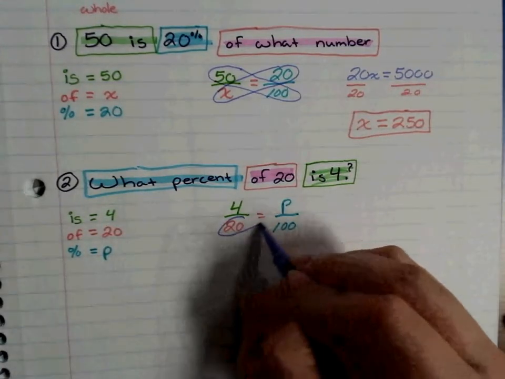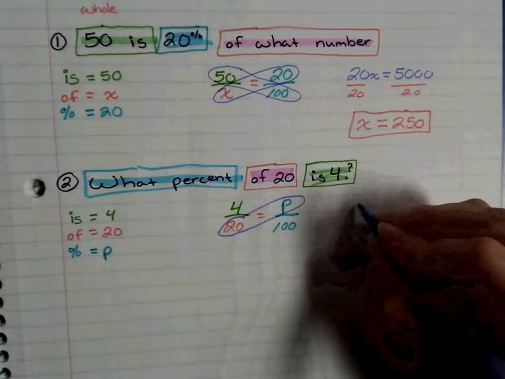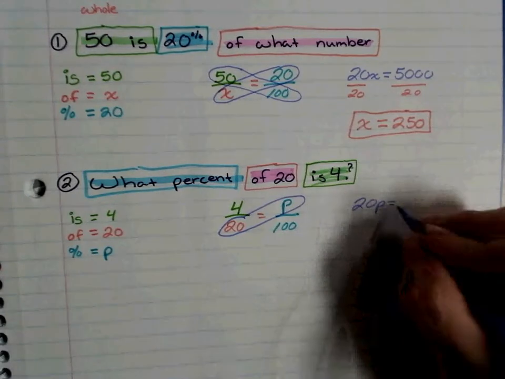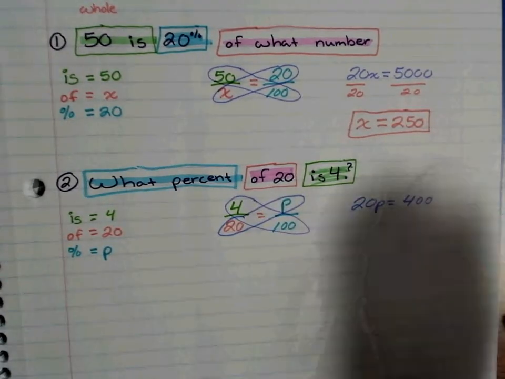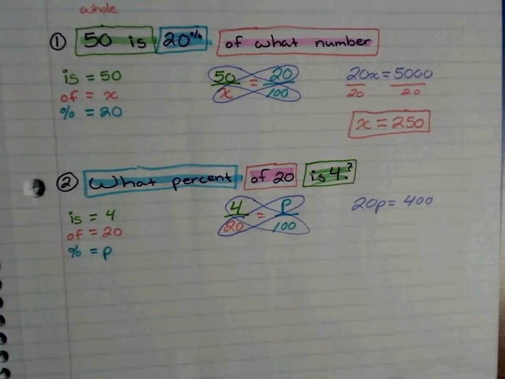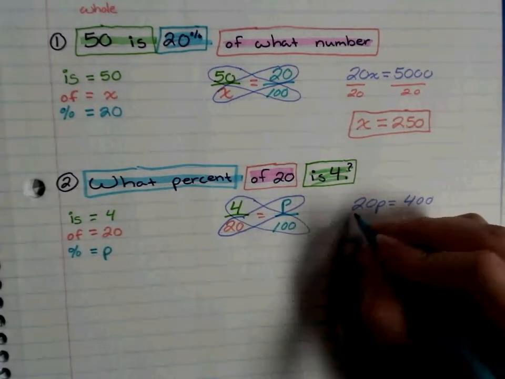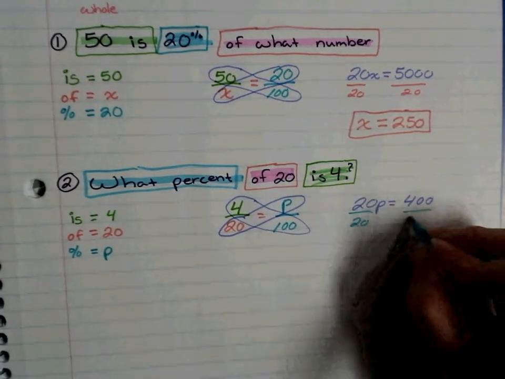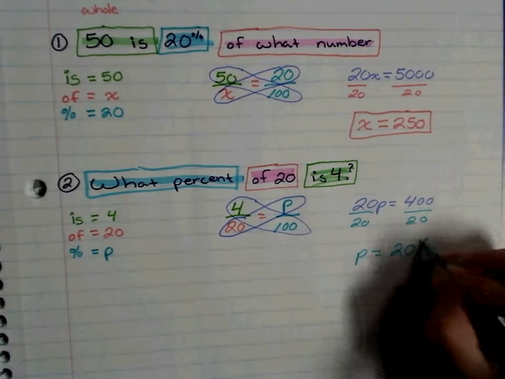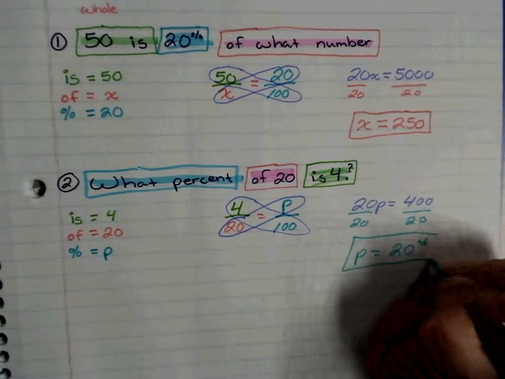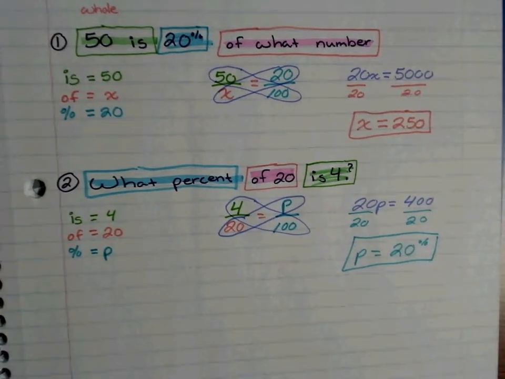So we're going to multiply 20 times p, that's going to give us 20p, equals 4 times 100, which is 400. And then the last step is to divide. So we'll divide by 20, and what's our percentage? 20%. Don't forget to put your percent sign if it's a percent that you're looking for.